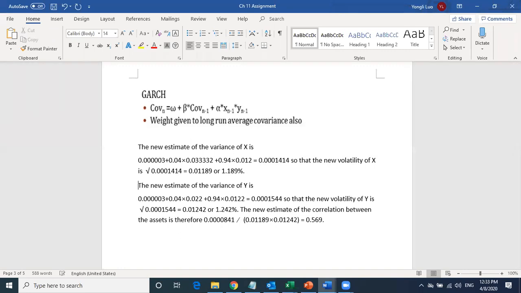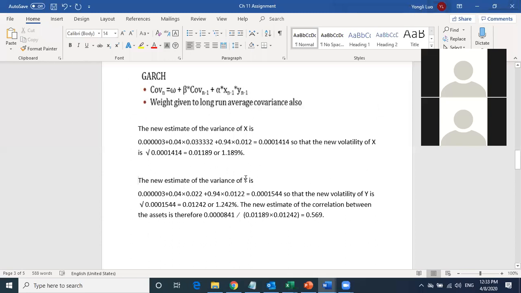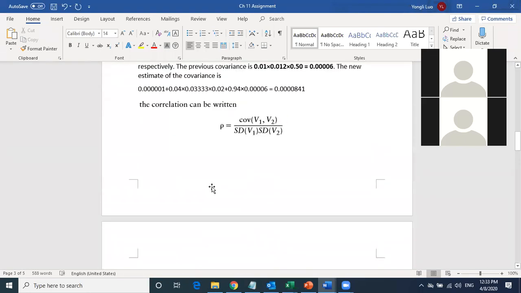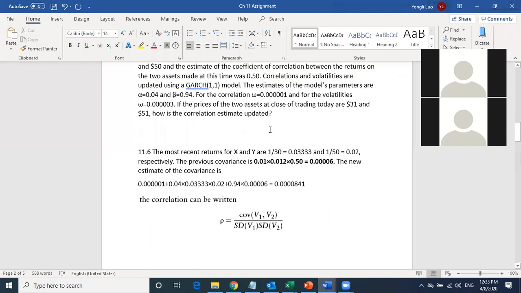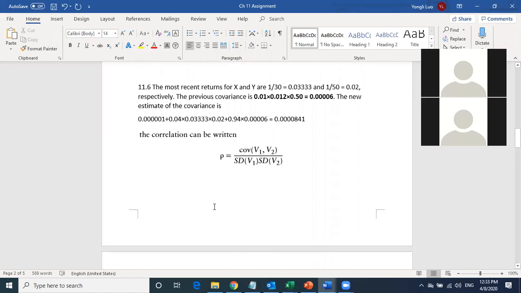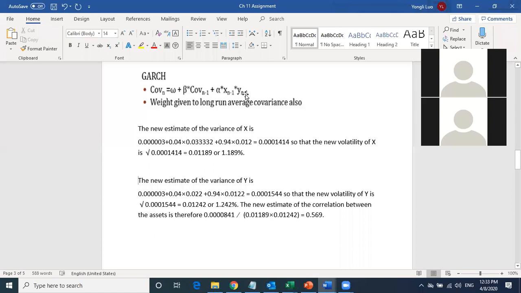Now we have the new estimate of Y. Using omega, plus alpha times the return, this is 0.0022. So alpha times the previous period return of these two assets.